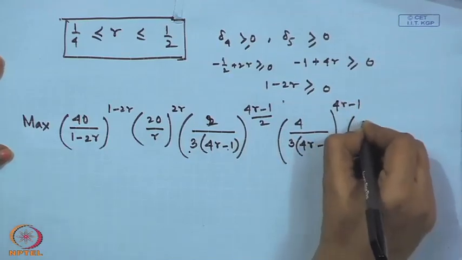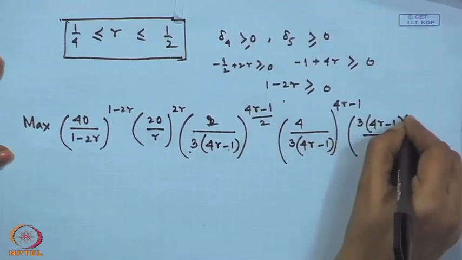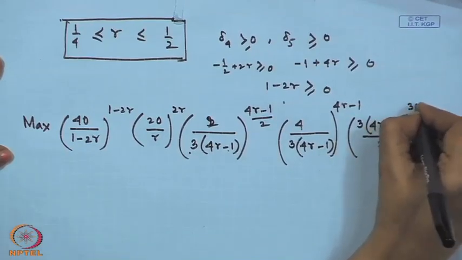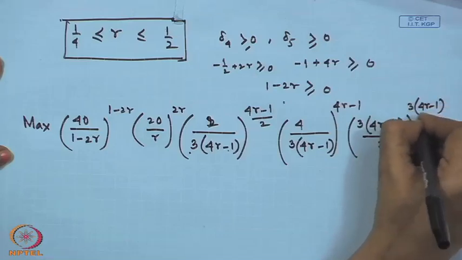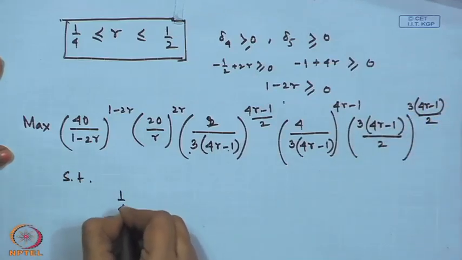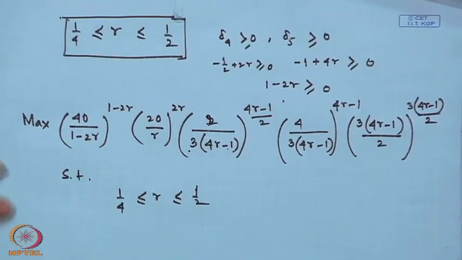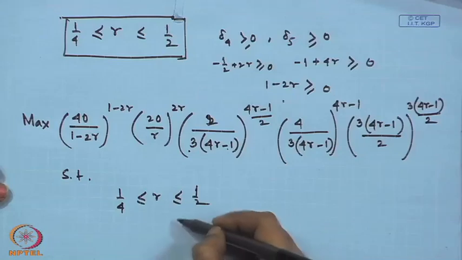Then we have 3 into 4 r minus 1 divided by 2, subject to r is half. And from here, this is a problem of single variable r.